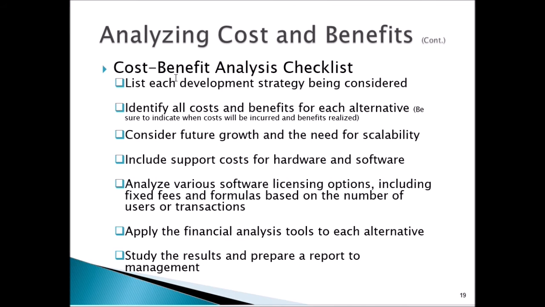So when analyzing cost benefits, a cost benefit analysis checklist might appear as follows. It's a checklist to list each development strategy being considered, identify all costs and benefits for each alternative, the consideration for future growth and a need for scalability, support costs for hardware and software is mostly going to be fees, analyze various software licensing options, including fixed fees and formula based on the number of users or transactions.